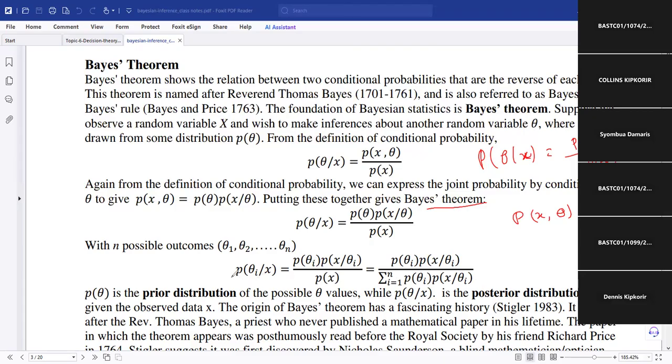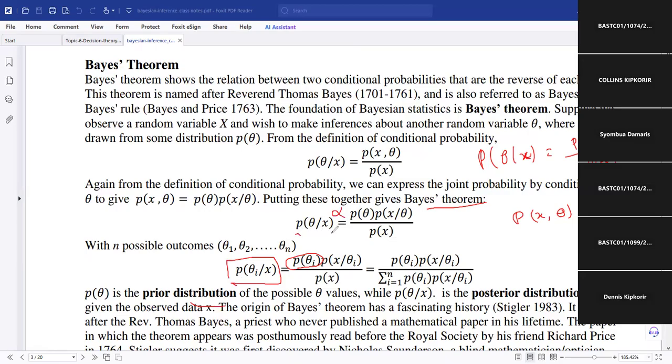And the probability of theta i that we are talking about here gives us the prior distribution for theta. So that is some known distribution. Then this other part that we are computing here gives us the posterior distribution. And of course, we'll now be using direct proportionality.